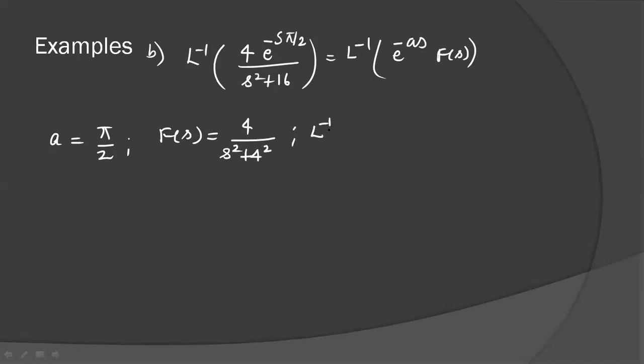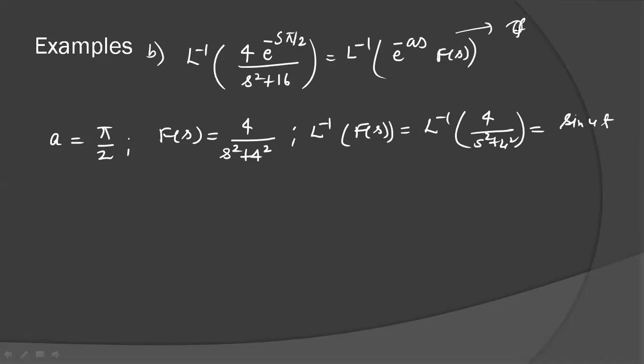Now directly find Laplace inverse of F(s). So Laplace inverse of 4 over s square plus 4 square is nothing else but sine 4t. And we know that Laplace inverse of e to the power minus as F(s) is f(t minus a) u_a(t).